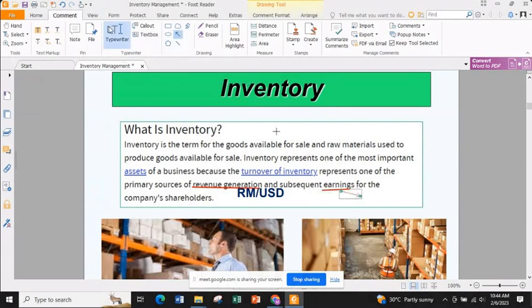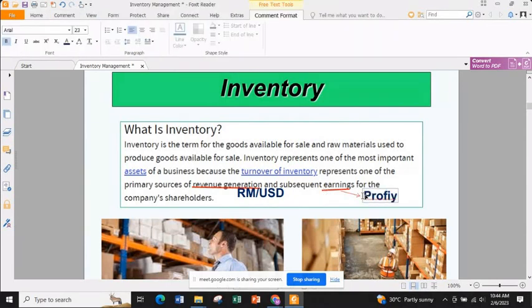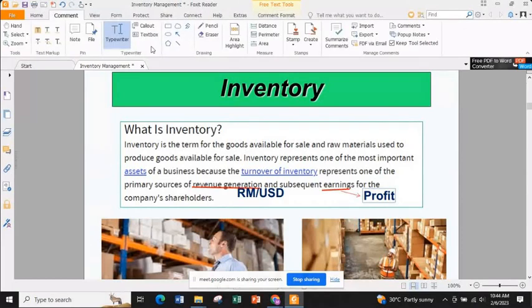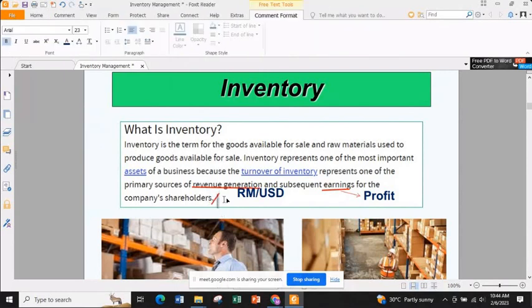There's another word, profit. Profit to the company shareholder or investor. So remember, Jeff Bezos, the Amazon founder, is one of the shareholders. He is also one of the investors in his own company.